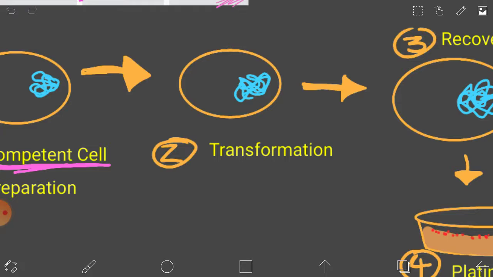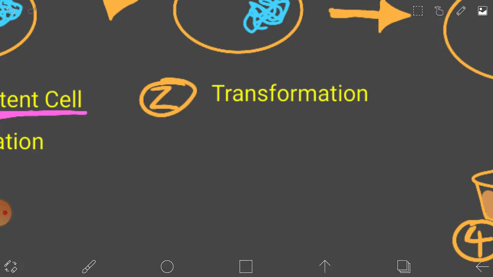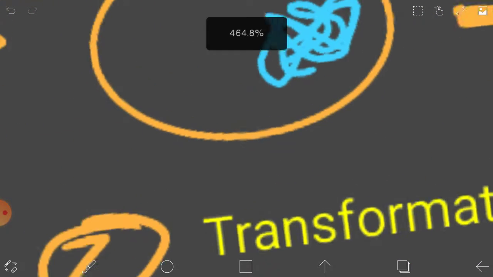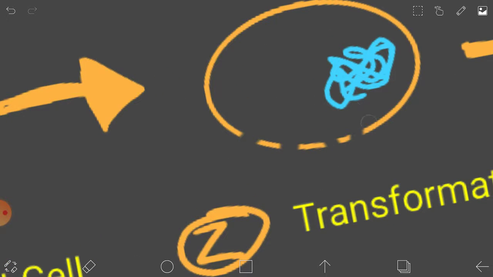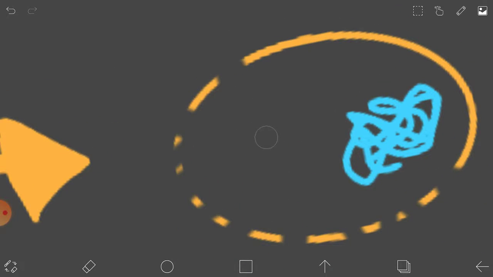When we say retain viability, it means it stays as a competent cell. We already have the competent cell now after the cell propagation. Now all we have to do is keep it that way.